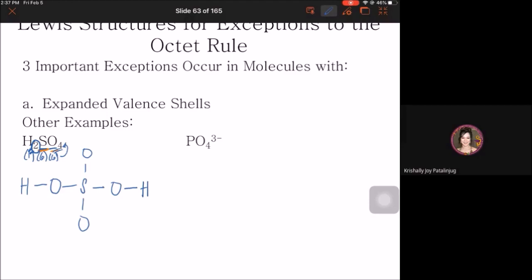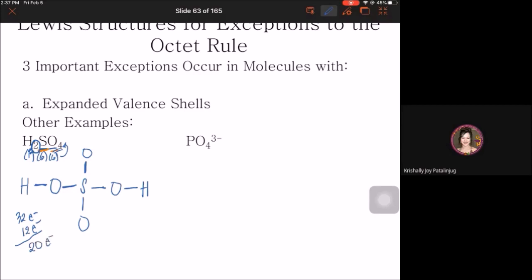Sige, ilan lahat yung total valence? 32. Okay, very good. 32 electrons. Tapos, minus ka ng 6 bonds. 1, 2, 3, 4, 5, 6. Total of bond electrons, so 12. Okay, very good.